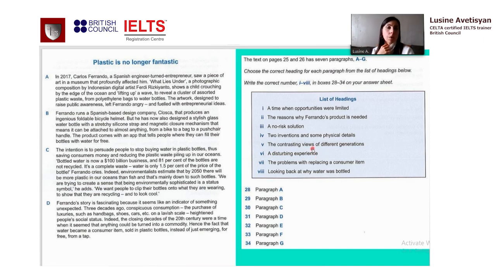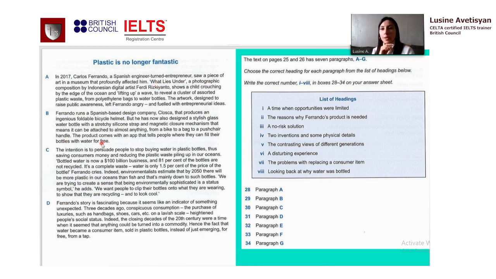So a disturbing experience would be my answer here, not only because we excluded others, but because we saw that there was a disturbing experience, a case in this person's life which changed his life, fueling him with entrepreneurial ideas. And here we see that he is an engineer turned entrepreneur. He actually turned into an entrepreneur as a result.